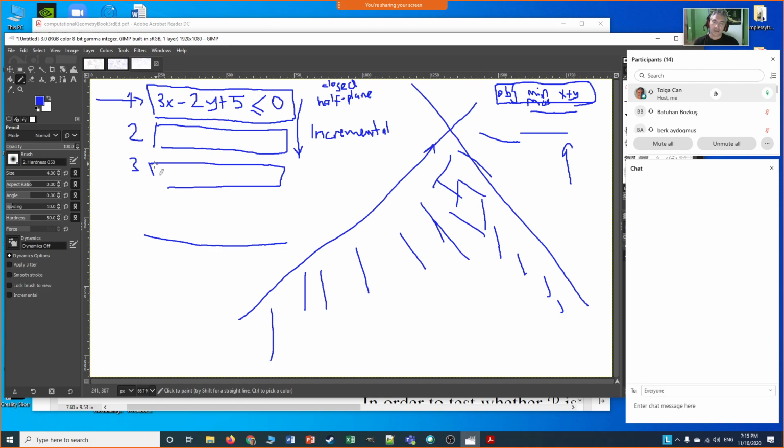The basic invariant of the incremental algorithm will be: if the first n constraints are processed, the current solution is a valid solution for the first n constraints. It will be incremental in the sense that we will incrementally process these constraints.